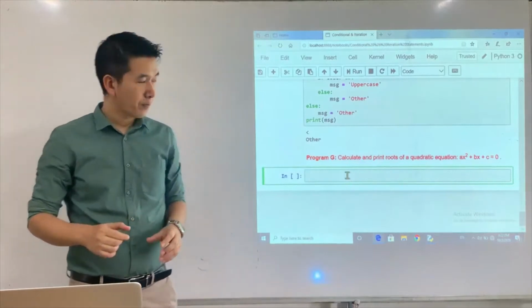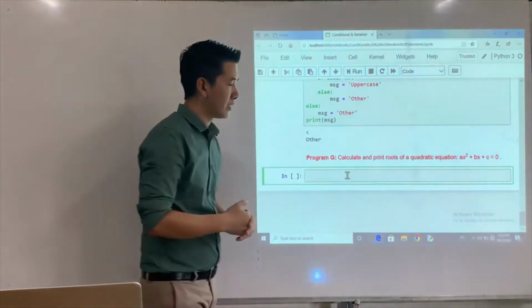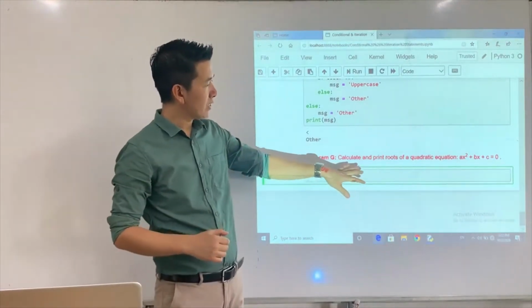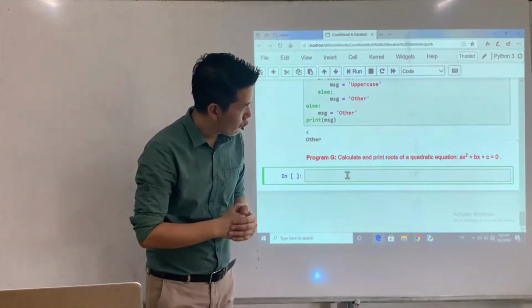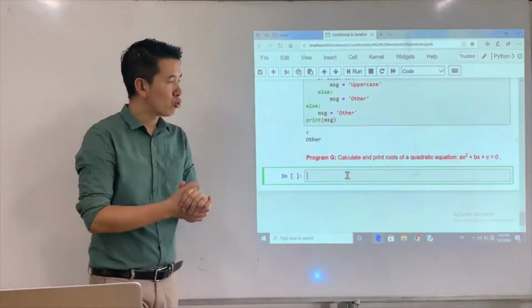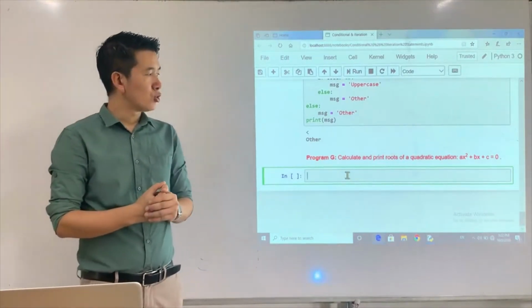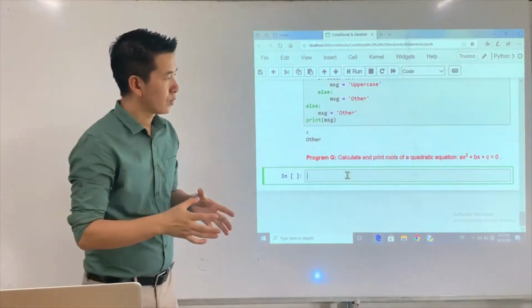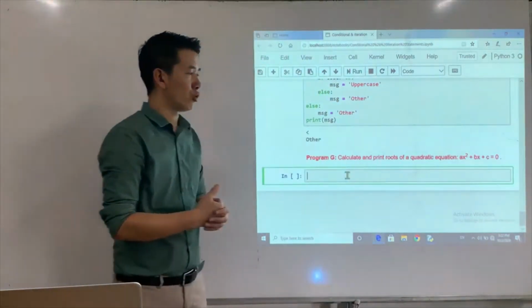Alright? So we'll deal with the final program of today's video lesson, and that is calculate and print the roots of a quadratic equation in the form of ax squared plus bx plus c. In your junior classes, we have the formula to find the roots of a quadratic equation, right?